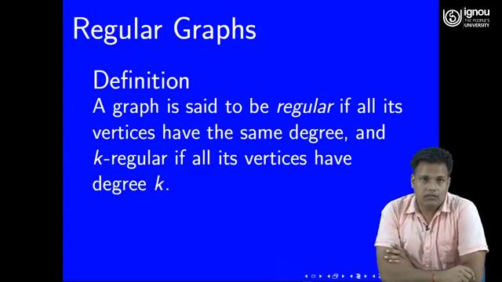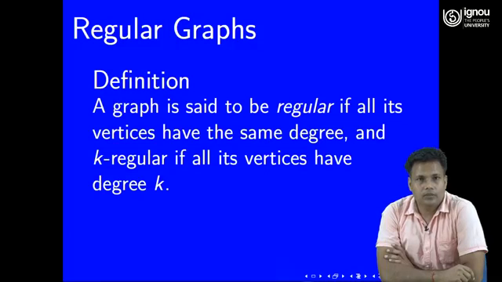Now there is another concept of graphs which also arises from the degree, and it is the concept of regular graphs. A graph is said to be regular if all its vertices have the same degree, and if all vertices have degree k, then the graph is called k regular.